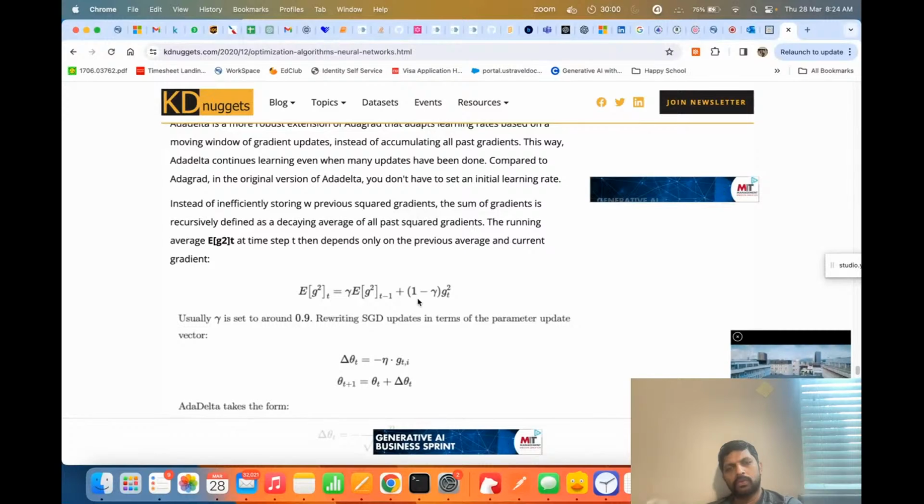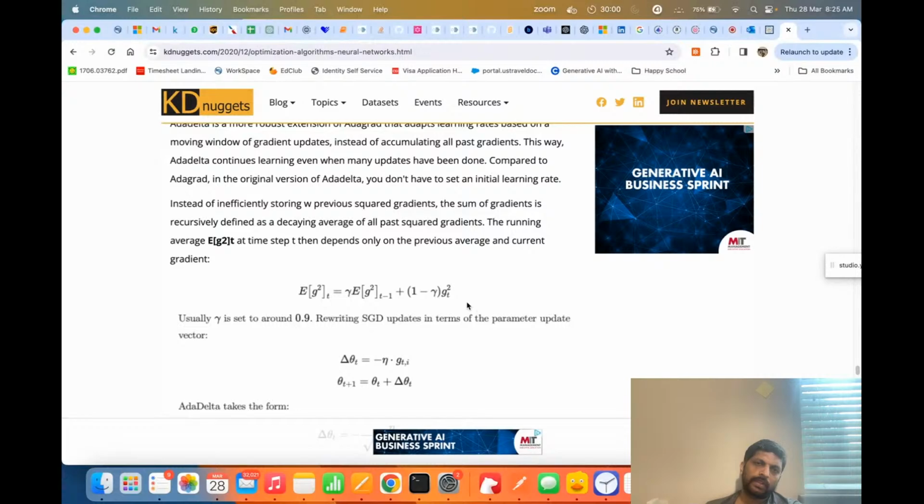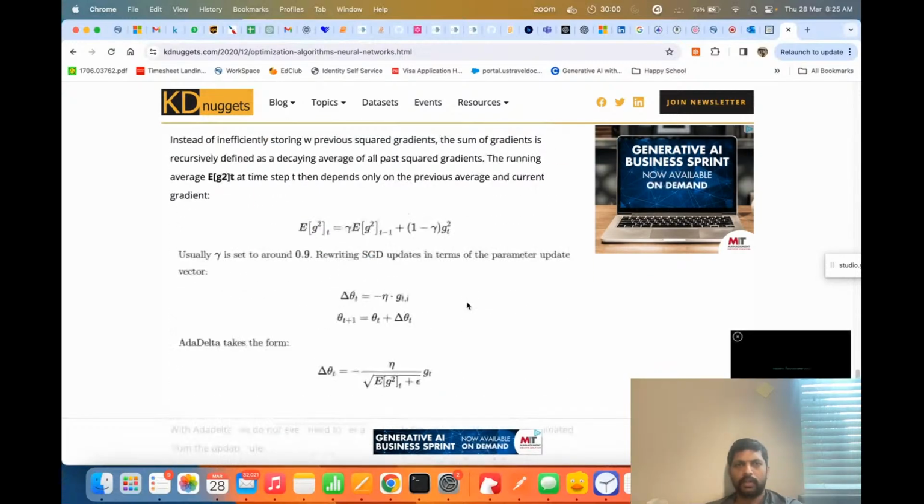So they take a certain amount of the previous value plus a certain amount of the derivative of the present one.